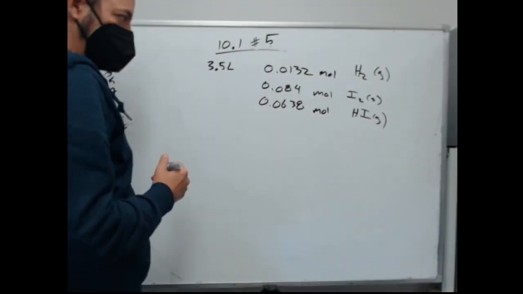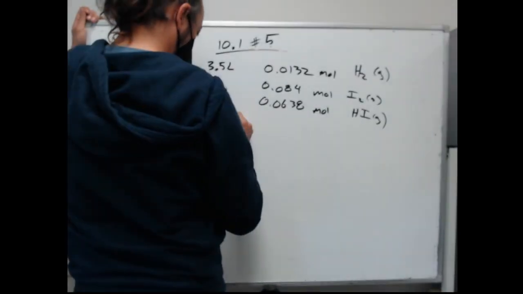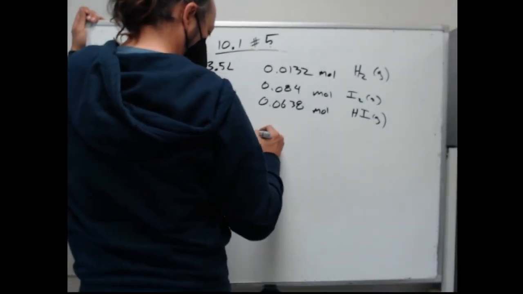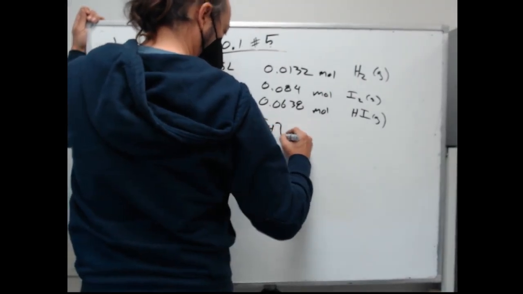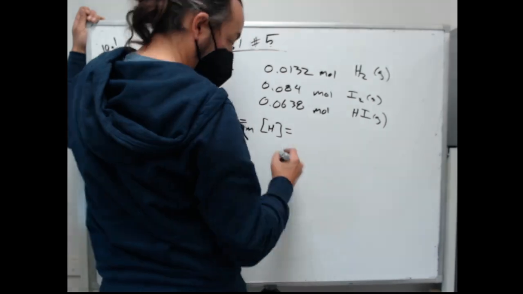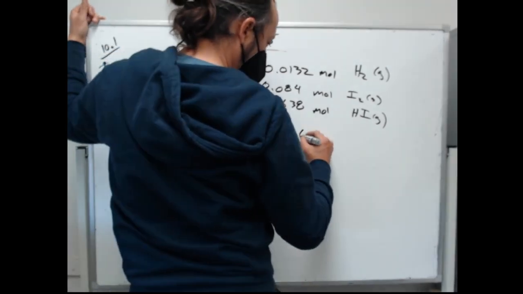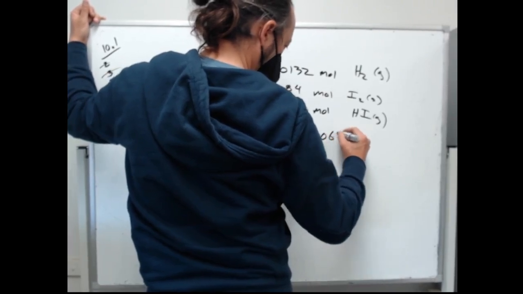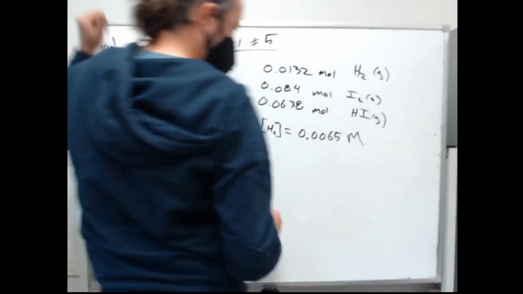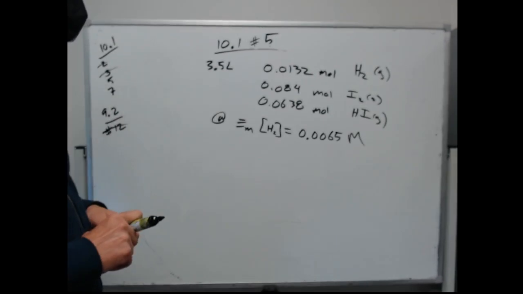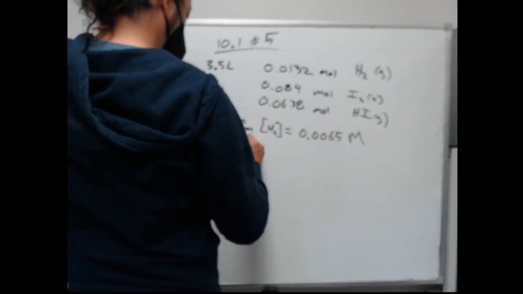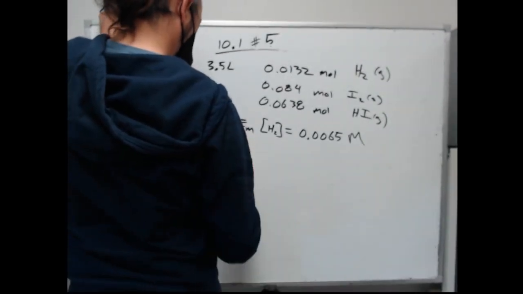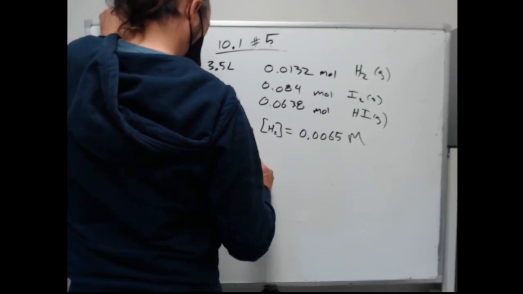When equilibrium is reached, the concentration of hydrogen is 0.00658. The concentration? Yeah. Is 0.0065 molarity. And then calculate the value of the equilibrium constant for the reaction.